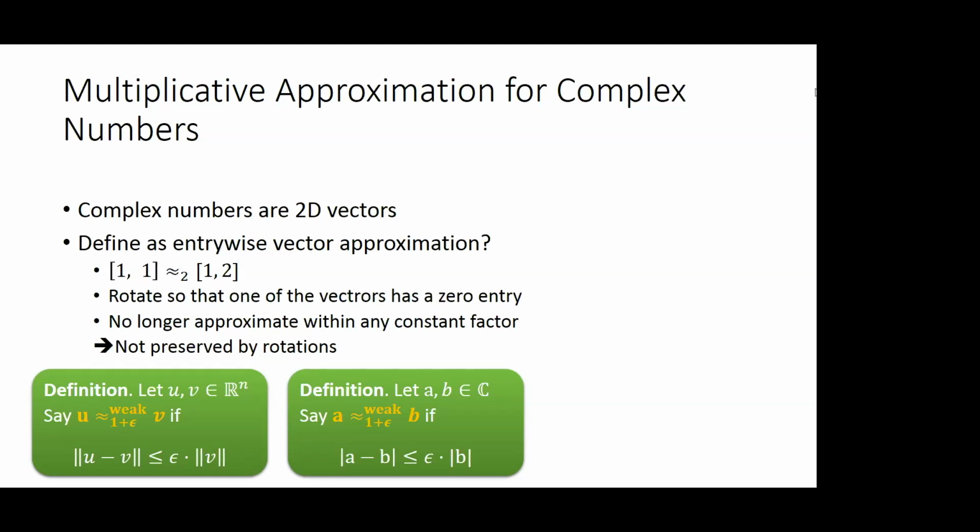So that's nice. The one thing that's not nice about this definition, though, is that it's not preserved under addition. If we have two approximation statements, A approximates B and C approximates D, we can't add them up to get that A plus C approximates B plus D.